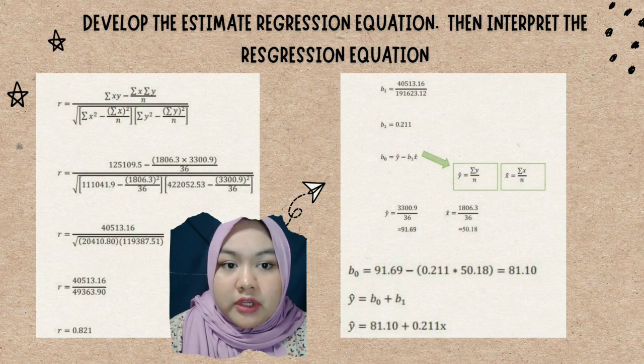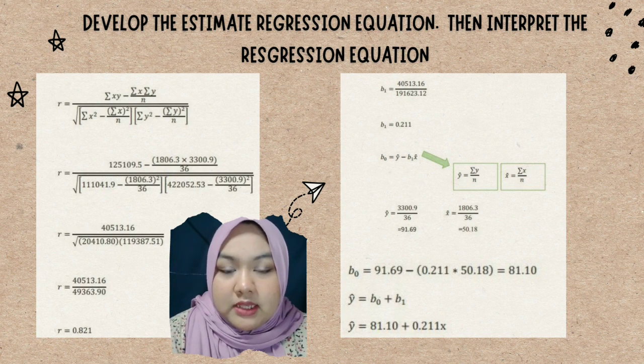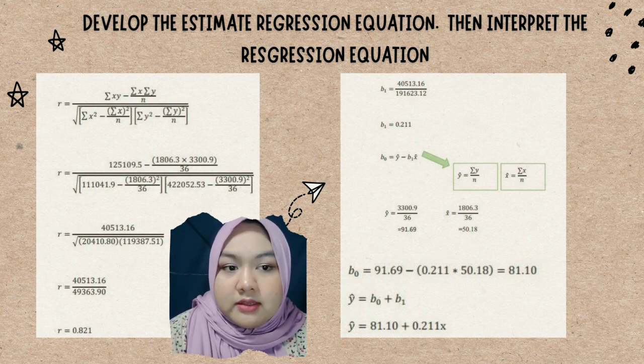Next, the calculation to find the mean of x and y. x-bar equals 1,806.3 over 36, so x-bar equals 50.18. We move to y. y-bar equals 3,300.9 over 36.